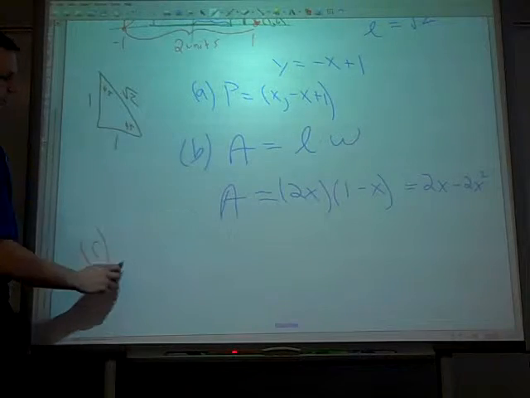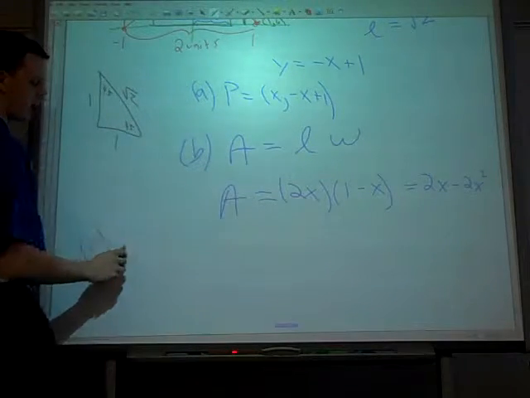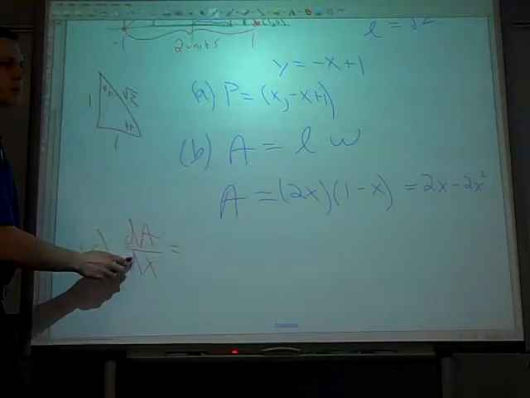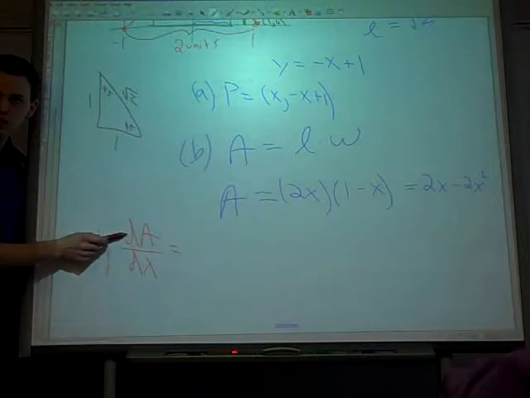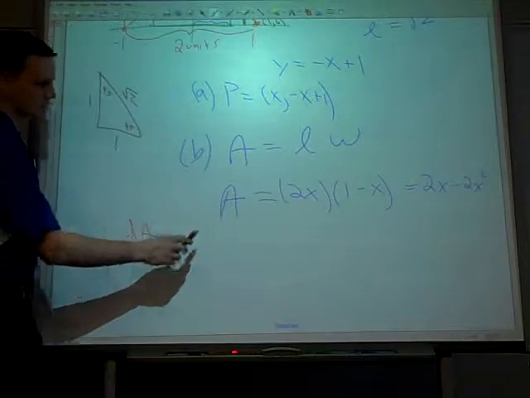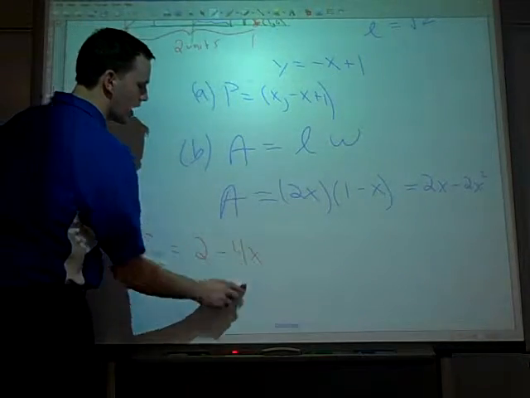Anyways, we're going to differentiate A with respect to x. So dA/dx means how the area is changing as x changes. dA/dx is equal to 2 minus 4x.